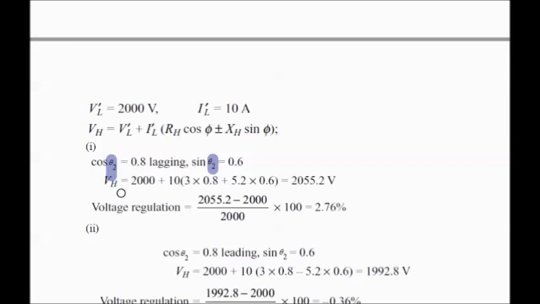This is phi actually, not theta 2. So VH will be 2000 plus IL prime, which is 10, times RH given as 3, times cos phi, 0.8, plus XH, 5.2, times sin phi, 0.6. So VH for the 0.8 lagging power factor load will be 2055.2 volt, and for this load the voltage regulation will be VH minus VL prime divided by VL prime.